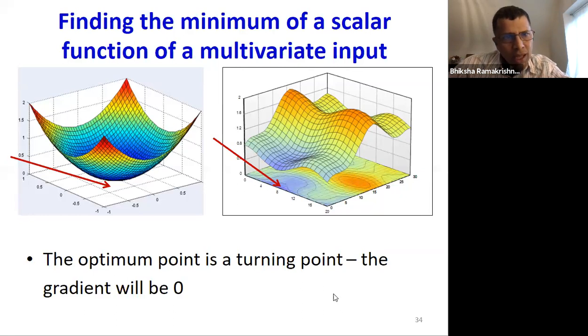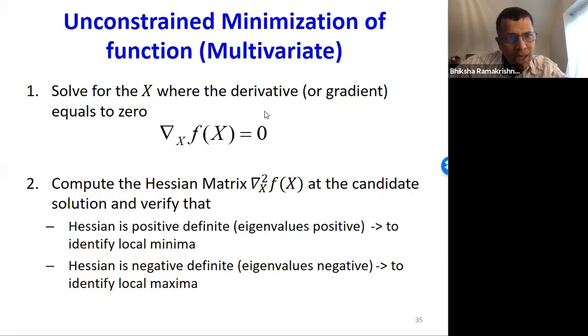Anyway, if I want to find the minimum of a function of a multivariate input, I must find the turning point where the gradient is 0. But then I also have to check the Hessian. The second derivative is positive at minima for scalar inputs.